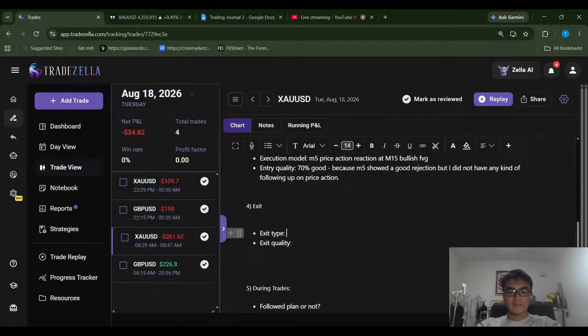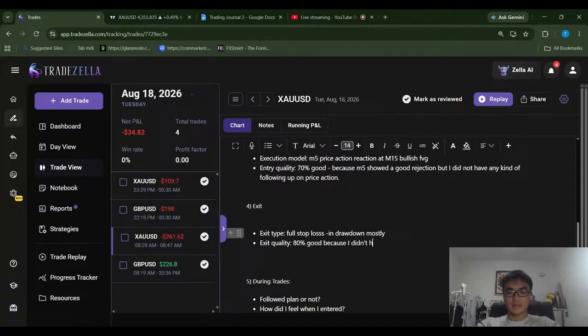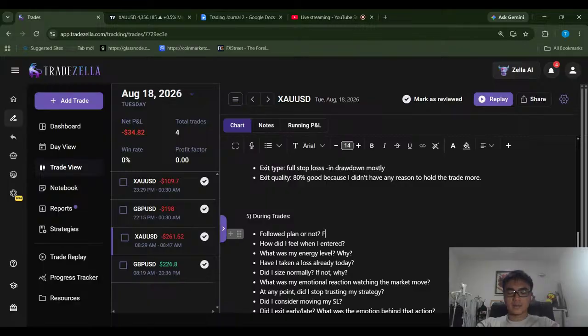Is it time for stop loss in drawdown mostly? Is the quality pretty good? I think this is like 80% good because I did not have any reason to hold the trade more. Follow plan or not? Yes, I followed the plan.